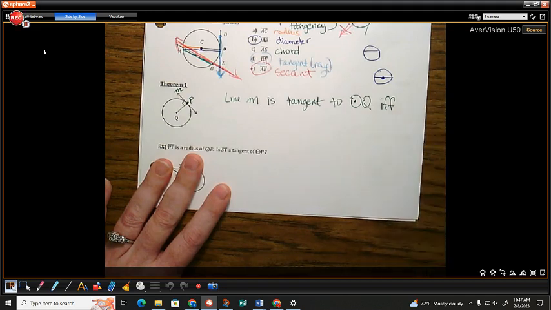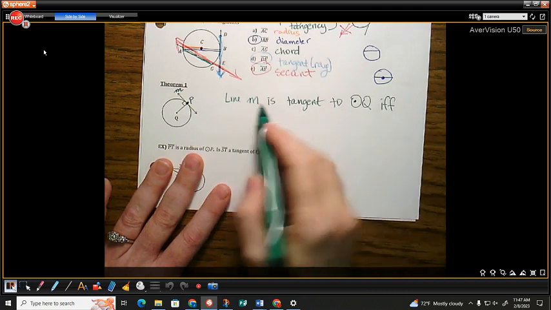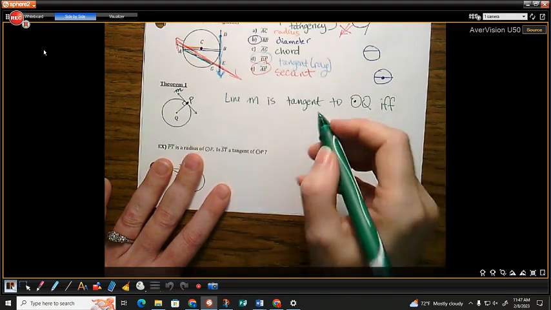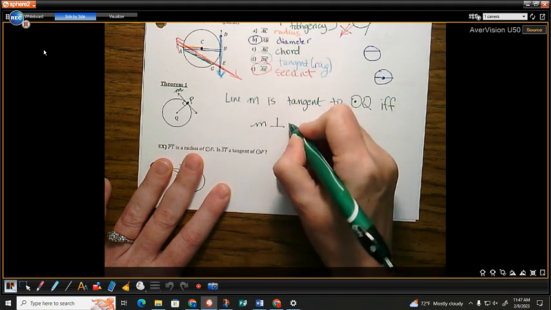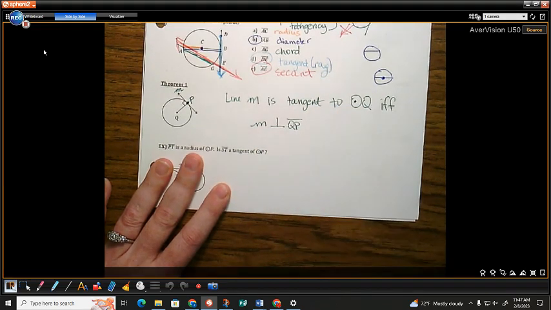It's biconditional. So it's going to work both ways. It's tangent if and only if the line M is perpendicular to that radius.